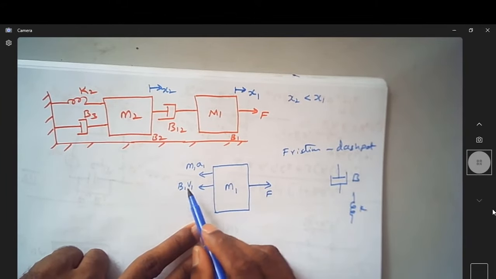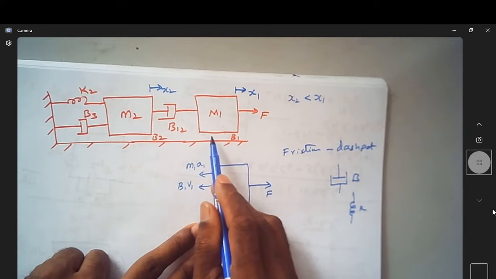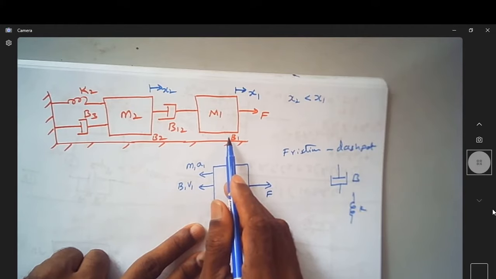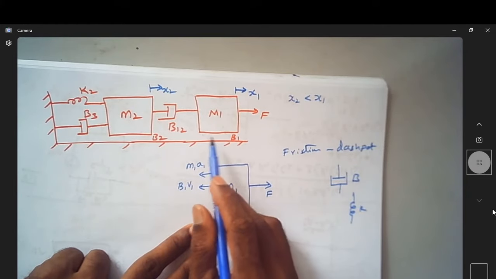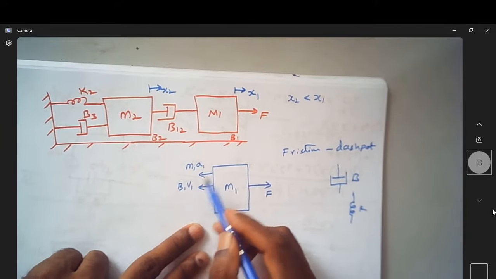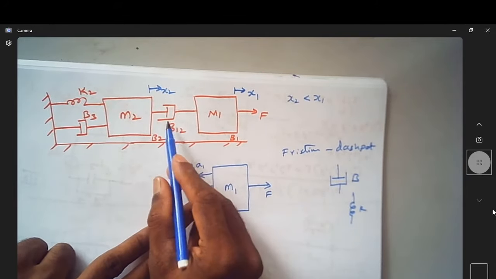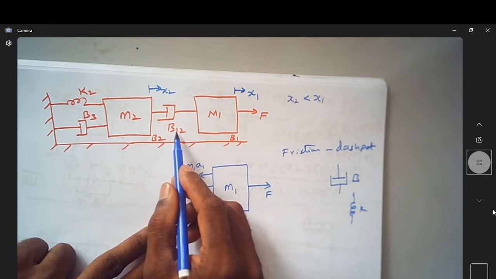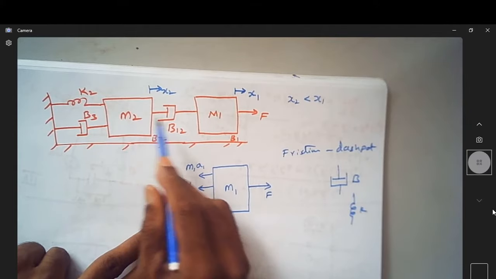Now because this b1 has friction with the rigid surface, the effective displacement is x1 here. So we have a corresponding velocity v1, and you can see there is one more opposing force, which is due to the friction between m1 and m2.